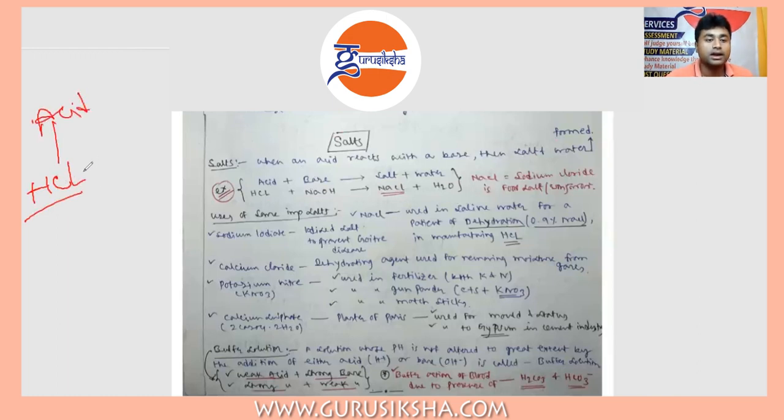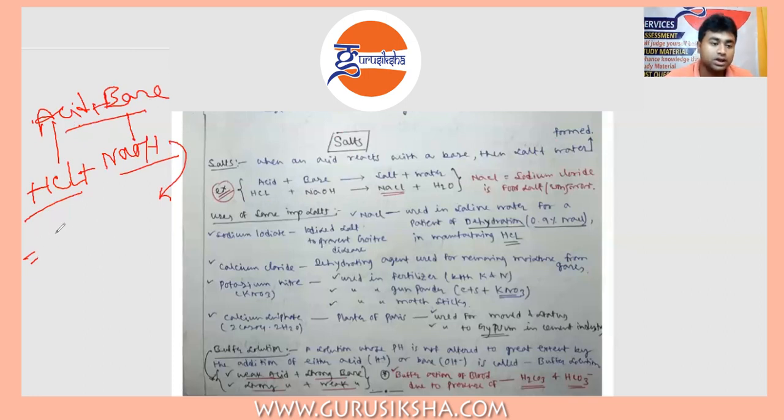And if we combine HCl with, suppose, NaOH, what is this? This is a base. Then when acid and base combine with each other, definitely a salt is produced. The output that comes out is NaCl.